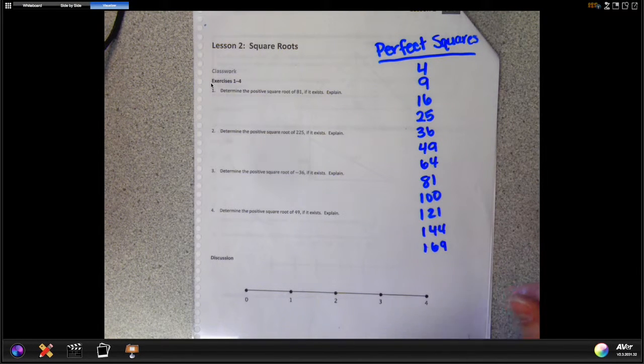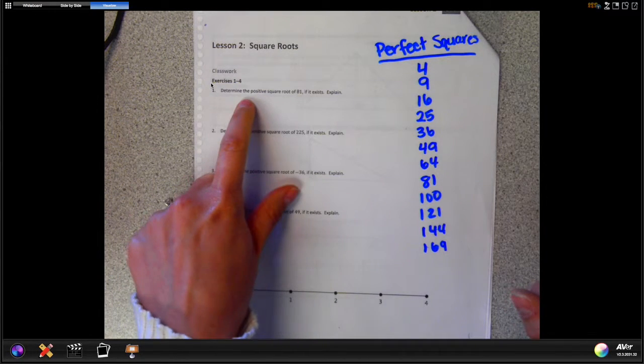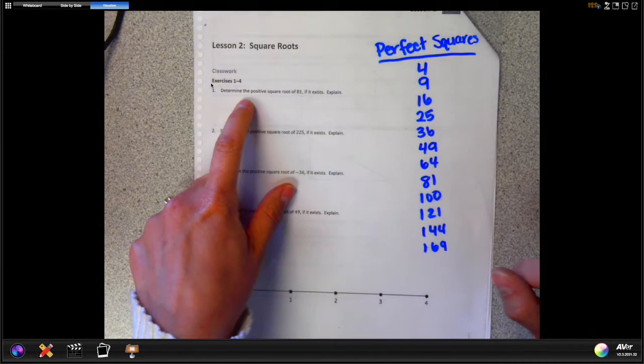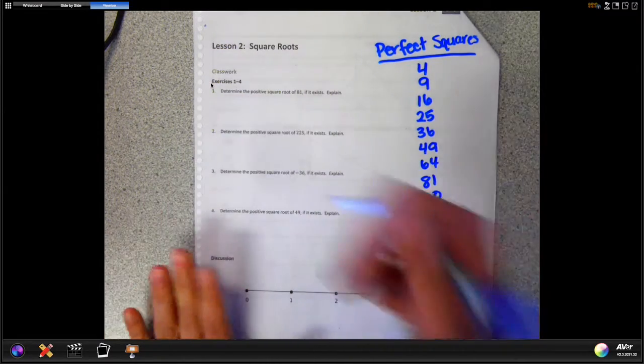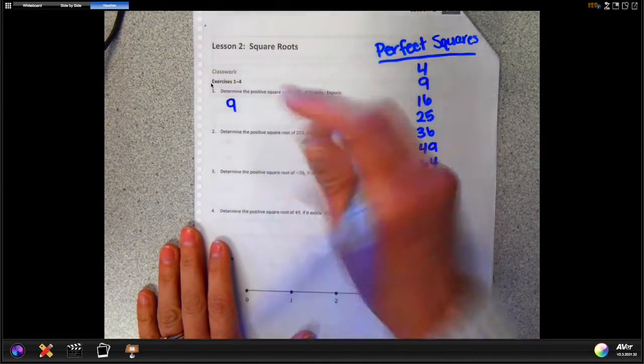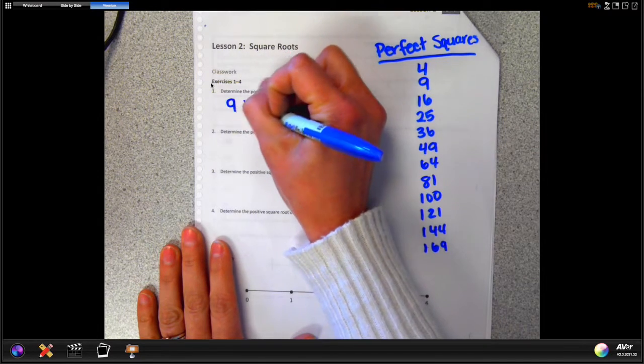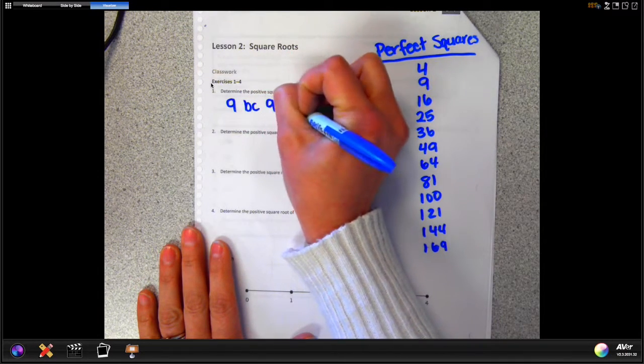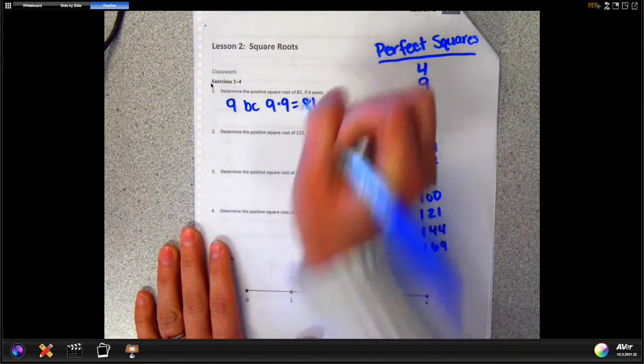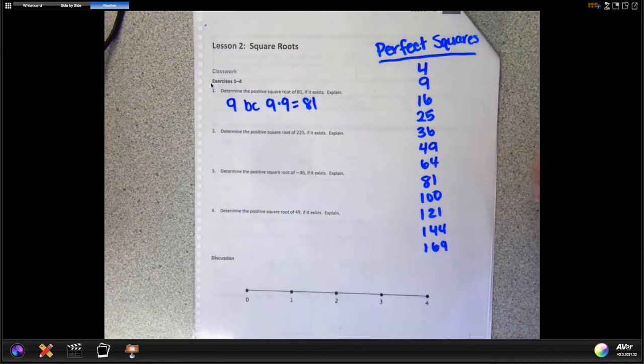Okay, so let's start just with talking about a regular square root. So the first one says determine the positive square root of 81, if it exists, explain. Positive square root of 81 is 9. And to explain that, we're going to say because 9 times 9 equals 81. That's a perfect reason.